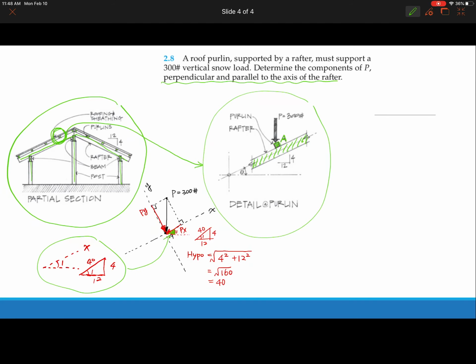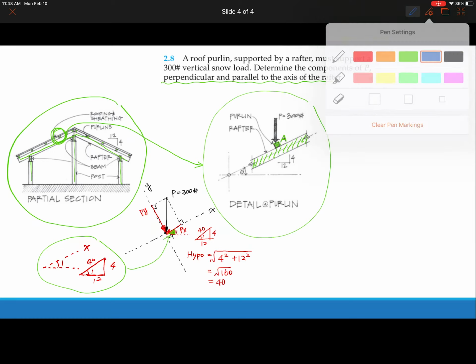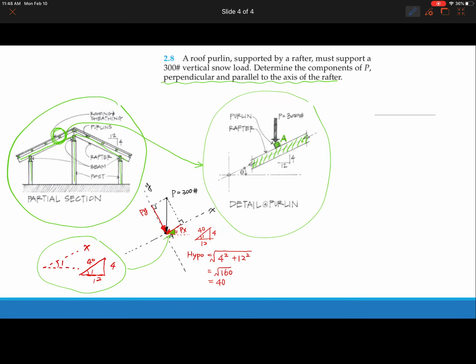Now let's look at this angle 2. Angle 2 plus angle 1 plus the green angle 1 equals 90. That's from the observation, because this line is perpendicular to P, so it's 90.